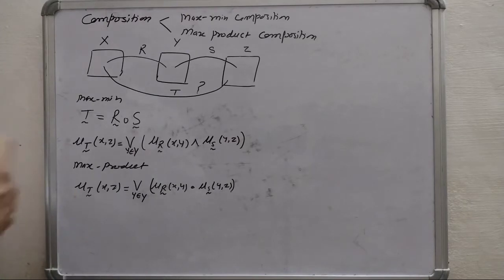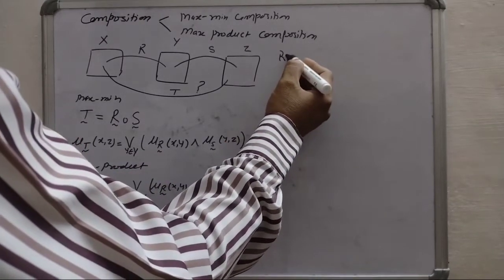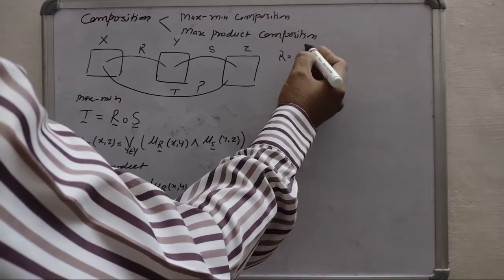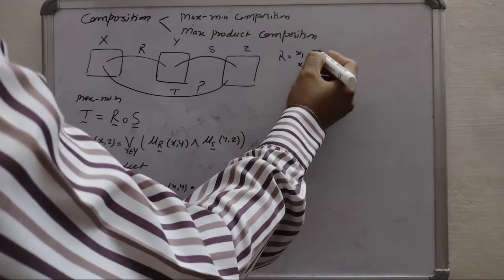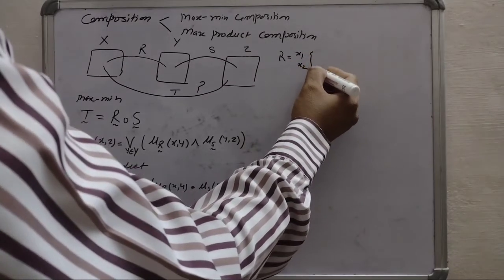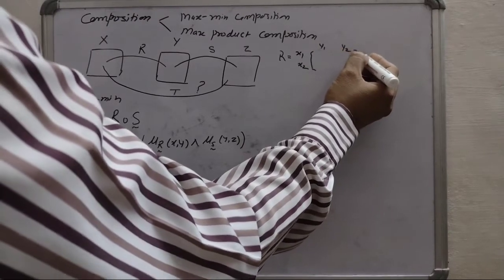So let's understand it with an example. Suppose R is given as x1, x2, y1, y2.